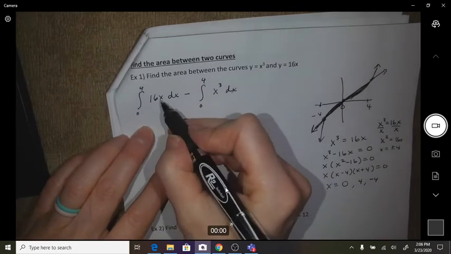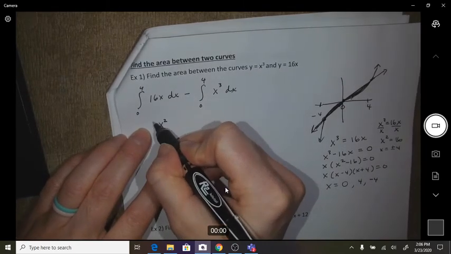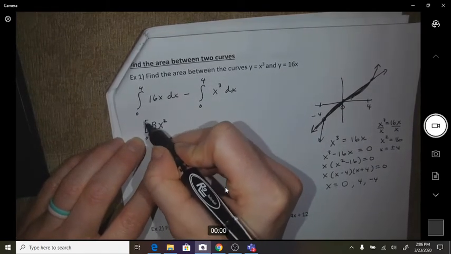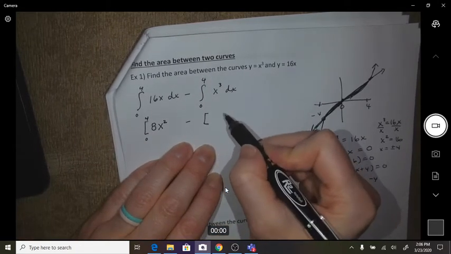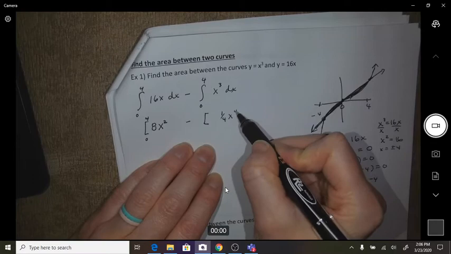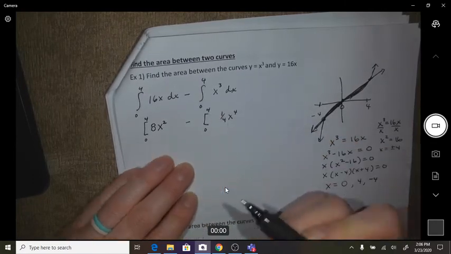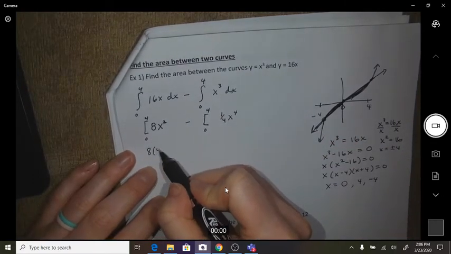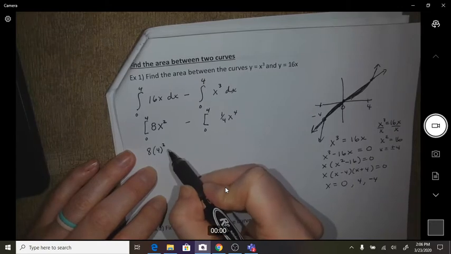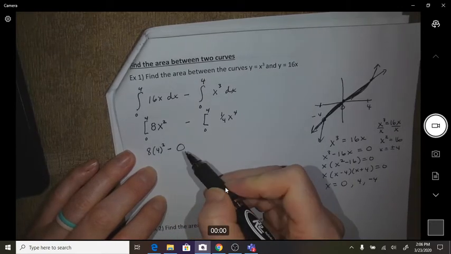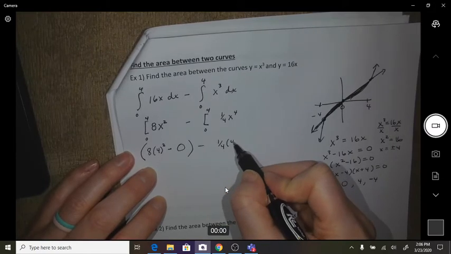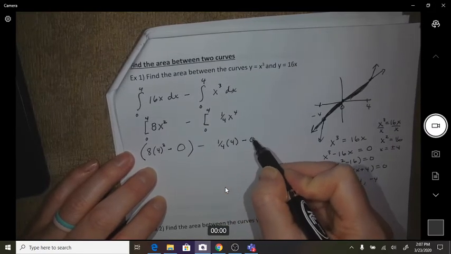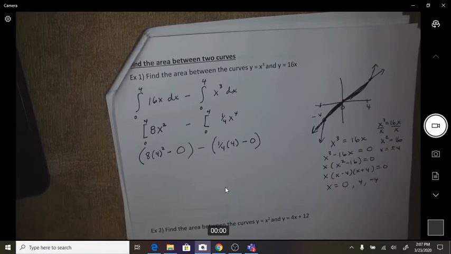Okay, so antiderive from 0 to 4, and then I'm going to antiderive this from 0 to 4. If I input a 0, it's just going to be 0. Input a 4, and input a 0 is also just going to be 0.